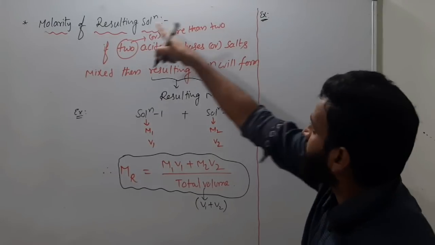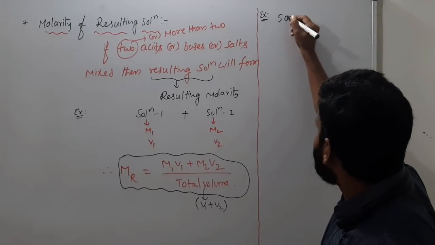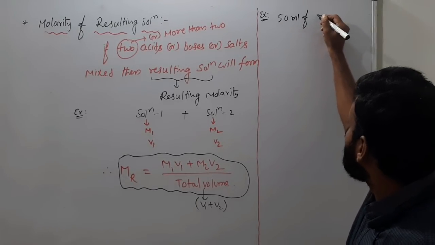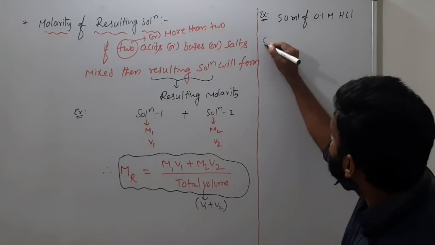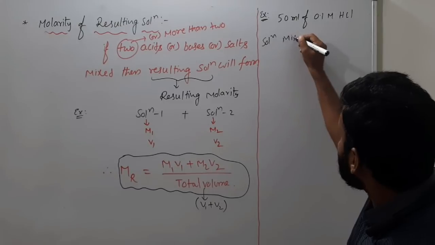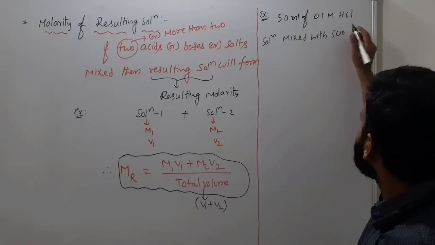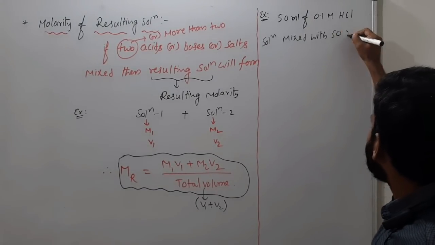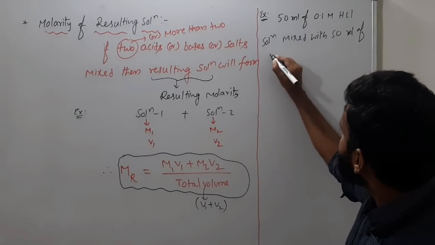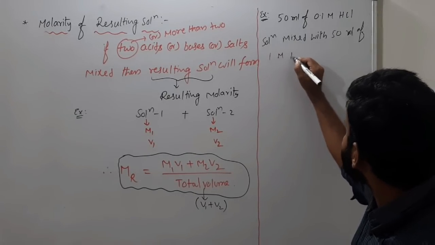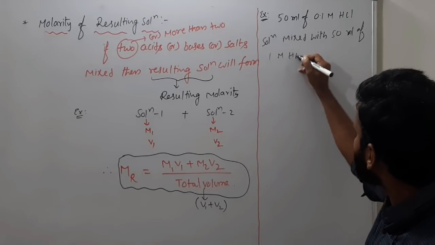Example for this resulting molarity: 50 ml of 0.1 M HCl solution is mixed with 50 ml of some 1 M HCl or some other acid, HNO3.